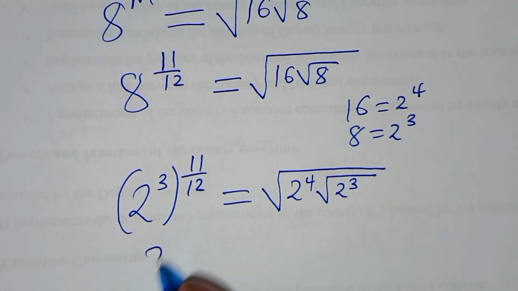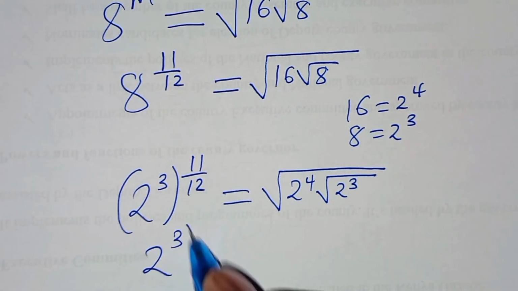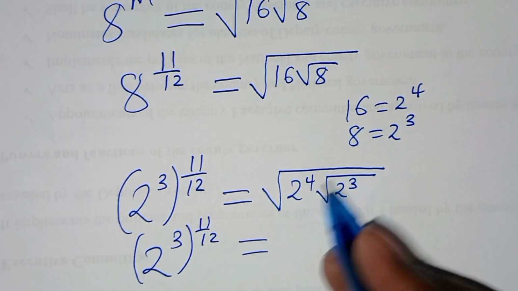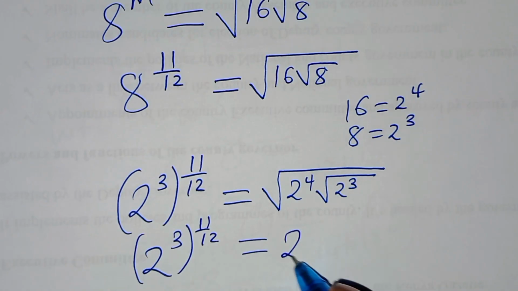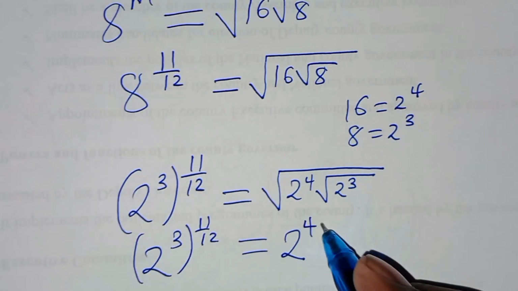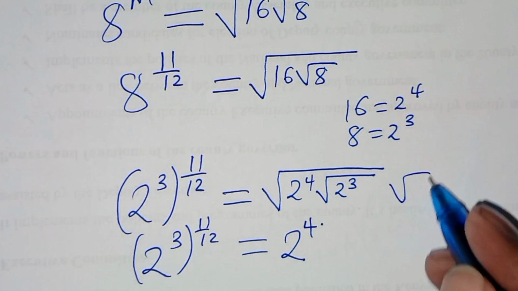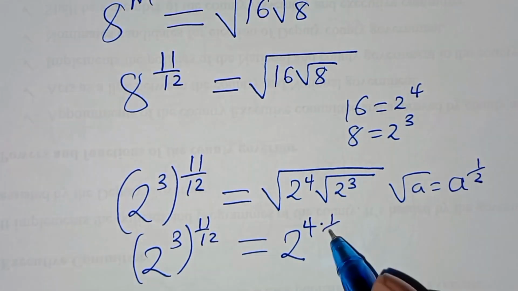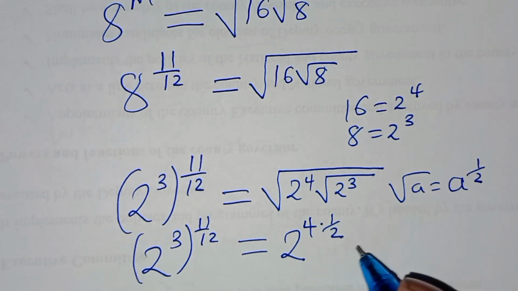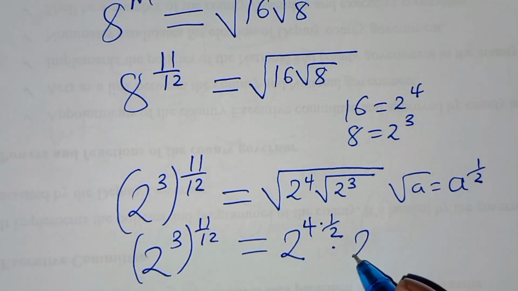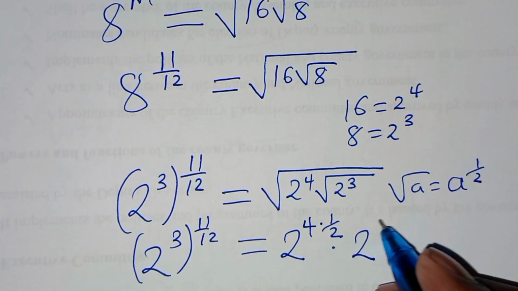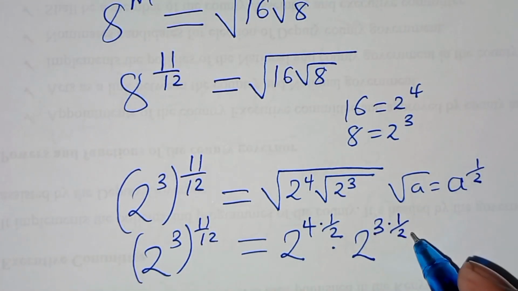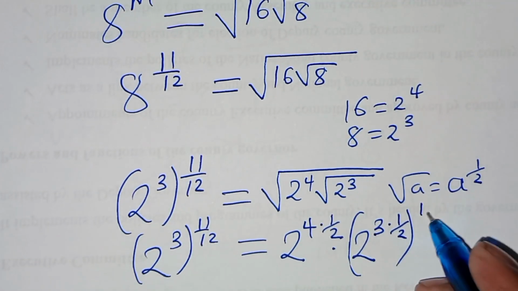Now we can express this as 2 to power 4 multiplied by, now square root of a, as we said, is the same thing as a to power a half. So 2 to power 4 times a half, then multiplied by 2 to power 3 multiplied by a half.